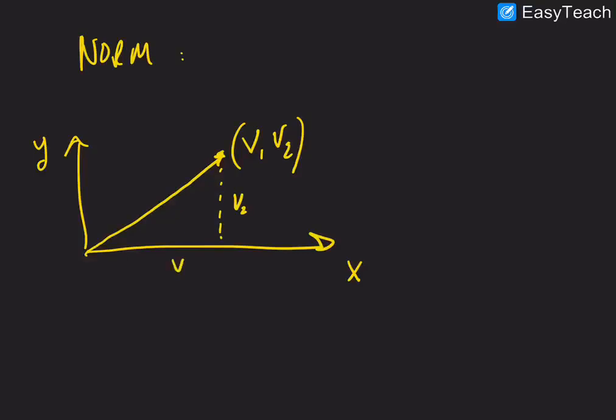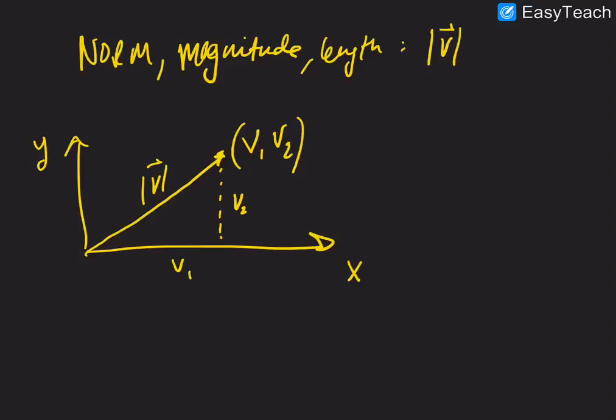And that's V2, V1. Alright, and this is actually the norm. So let's just say this is the norm, magnitude, or the length, because you'll see it and hear it two different ways. So the magnitude is written like this, or you might see it like this. It is the same thing.